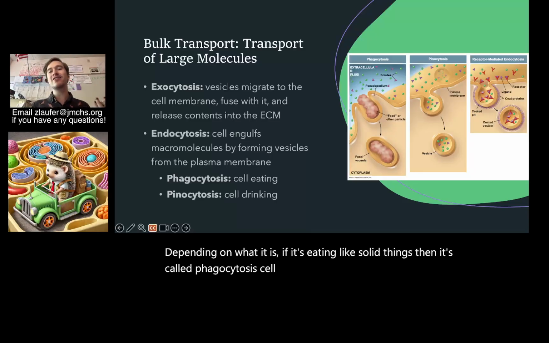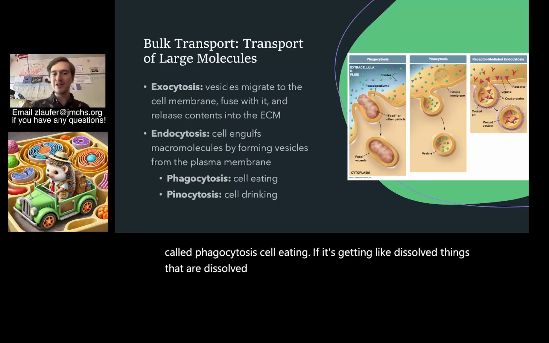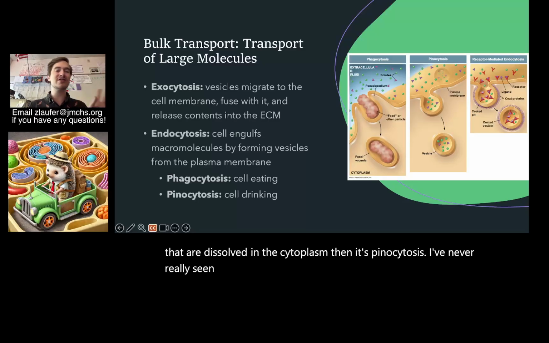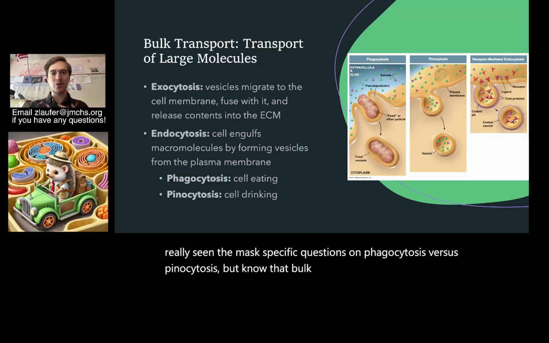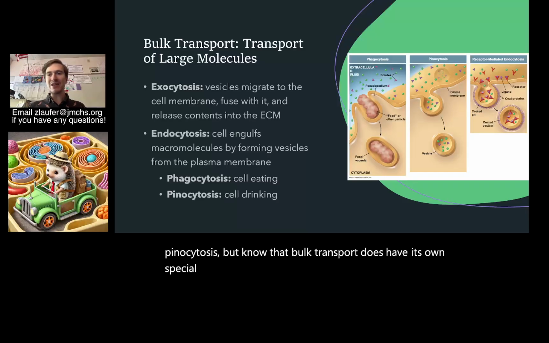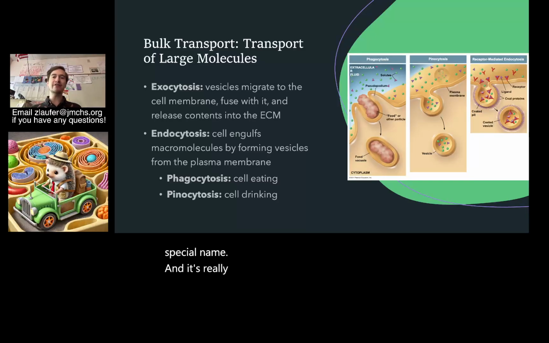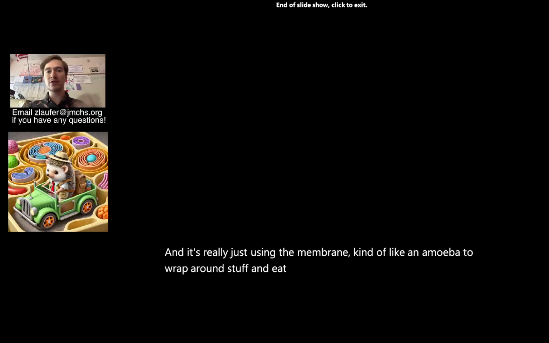If it's getting things that are dissolved in the cytoplasm, then it's pinocytosis. I've never really seen them ask specific questions on phagocytosis versus pinocytosis, but know that bulk transport does have its own special name. It's really just using the membrane kind of like an amoeba to wrap around stuff and eat it or drink it or release it.